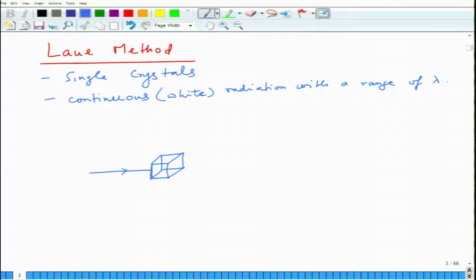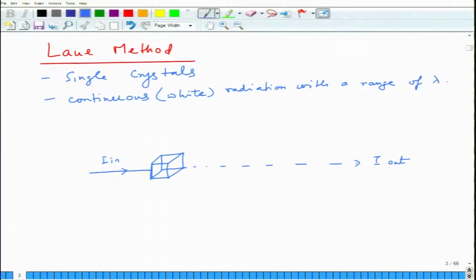Now if the beam orientation is fixed, this is I in, and this is I out. If the plane orientation is fixed, then only the planes which are going to diffract are the planes which make an appropriate angle with respect to the incident and diffracted beam, which satisfy the Bragg geometry.